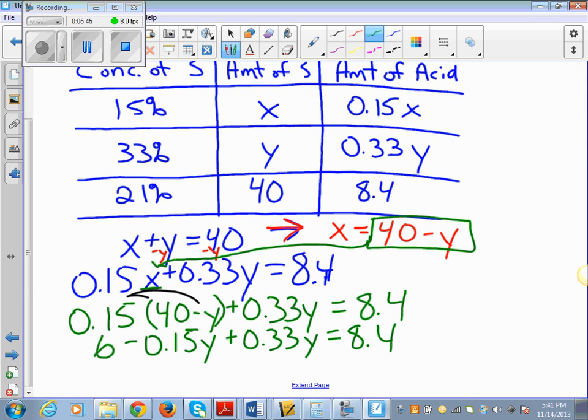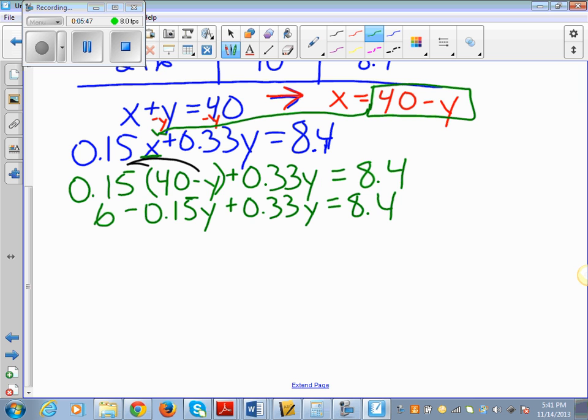All right, so we have 6 minus 0.15y plus 0.33y equals 8.4. We're going to combine our like terms. So we can combine negative 0.15y with positive 0.33y. We get 6 plus 0.18y is equal to 8.4.